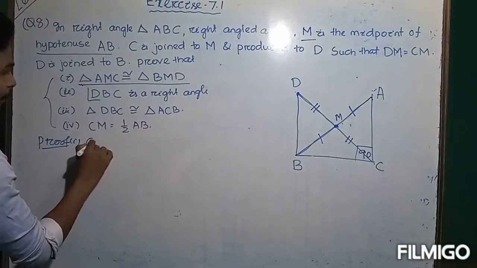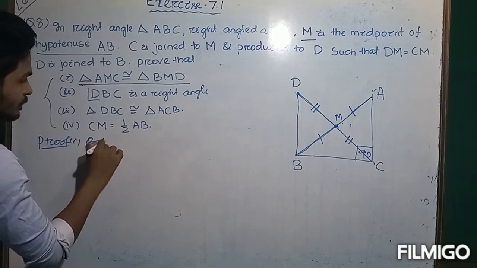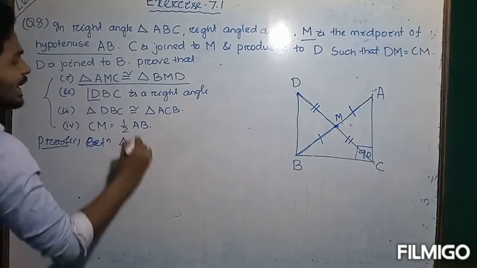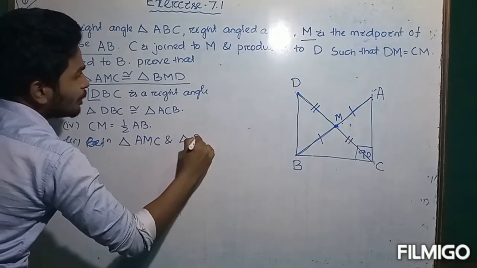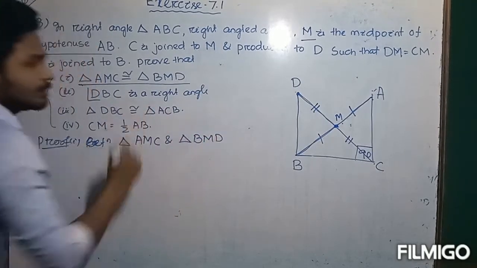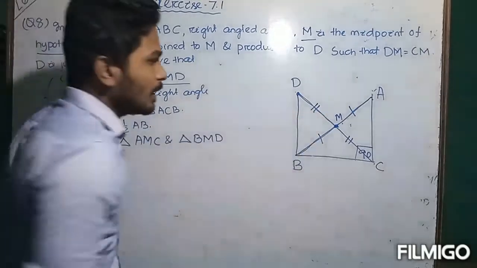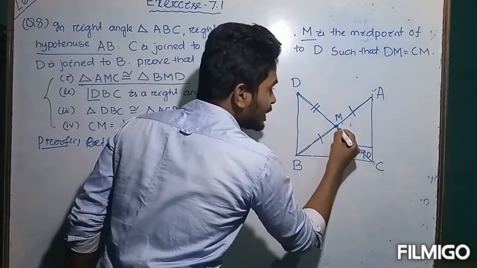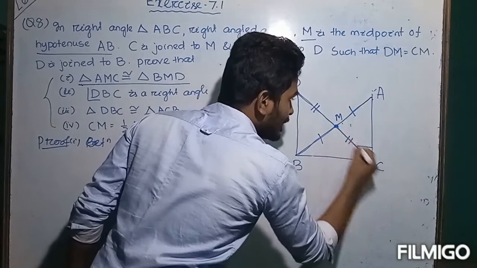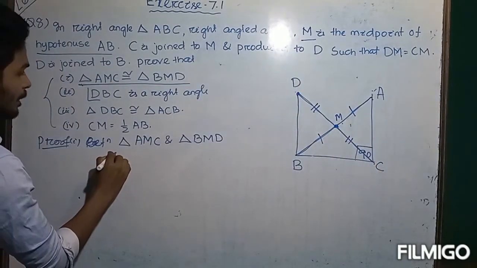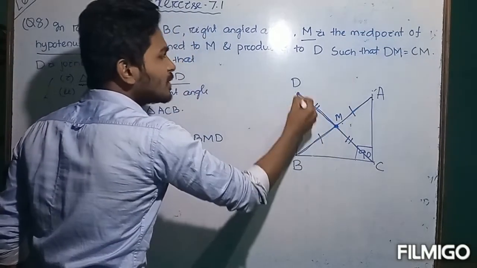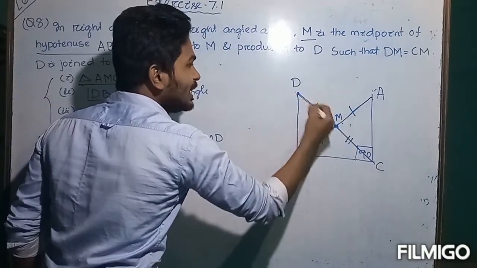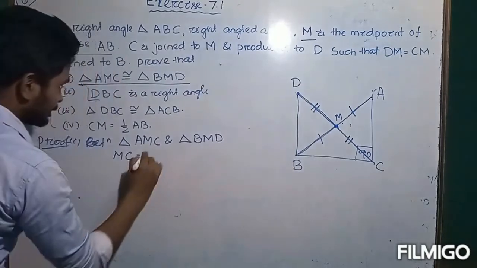So for this you have to compare triangle AMC and triangle BMD. Among these two triangles, you can see in AMC this side MC is equal to this side of the triangle BMD, this side MD.